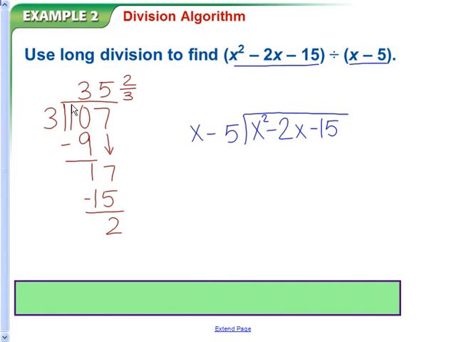So we think, what are we going to put up here so that this times x equals x squared? What times x makes x squared? Well, that is x. So I take x times x is x squared. And take this and I have to distribute it to both of these. X times negative 5 is minus 5x.